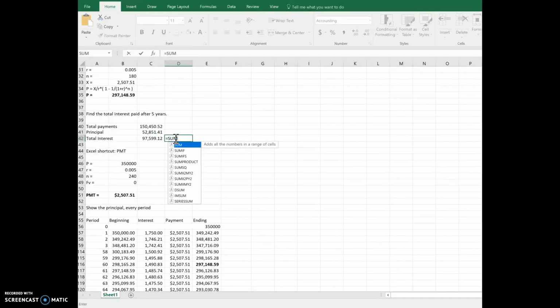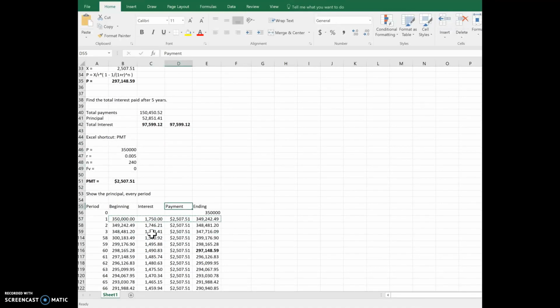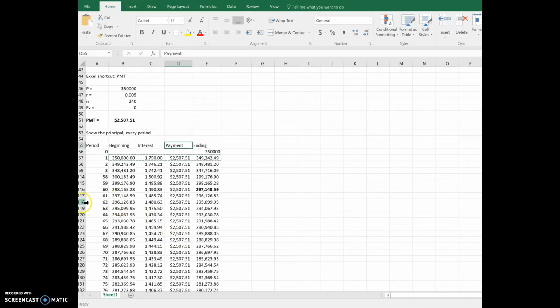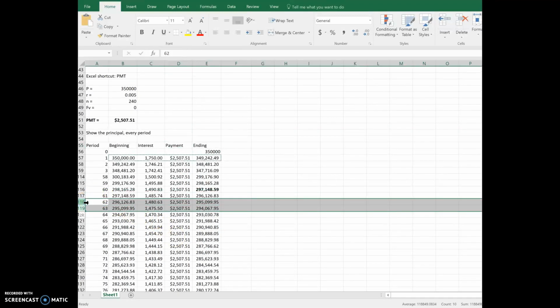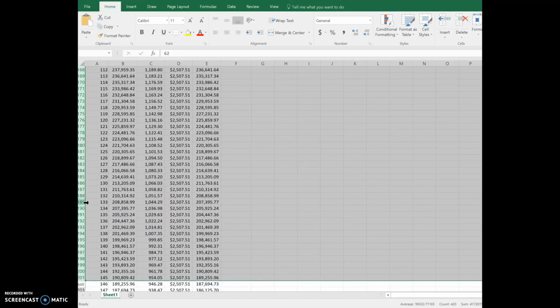We just add all of these interest payments from period 1 all the way to period 60. That should be the same as this. This schedule gives you your running principal every month.